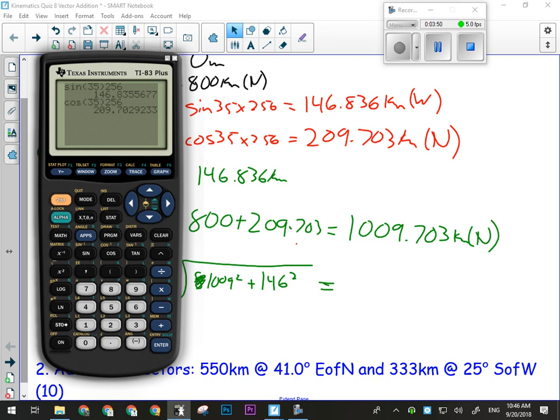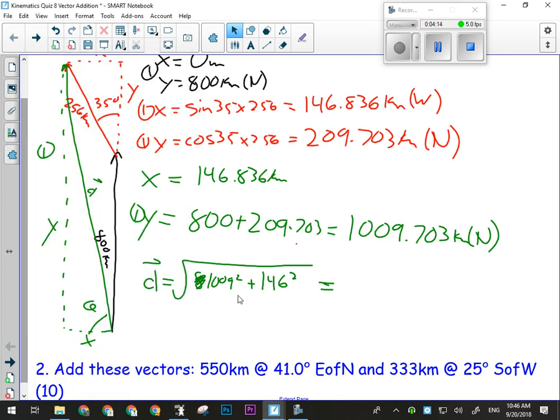So the square root of 146.8355677 squared plus 1009.7029233 squared. All right, so our overall displacement is 1020.32 kilometers. And then they'll get a mark for that.